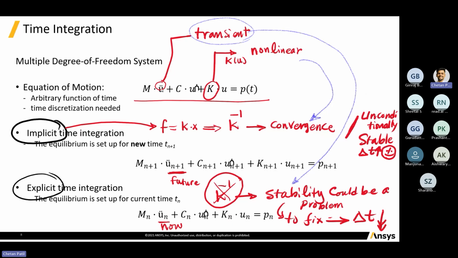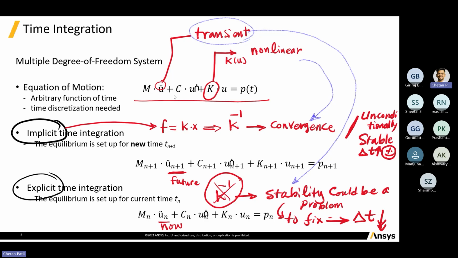Whenever we have acceleration and velocity in a simulation, we consider those simulations to be transient simulations. And whenever we have a K, that is stiffness, that is dependent on displacement, we consider those simulations to be non-linear simulations. In explicit simulation, both of these things are available and they truly affect the simulation.